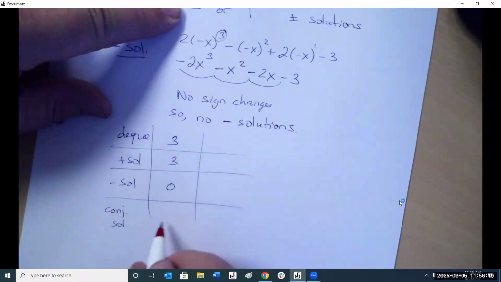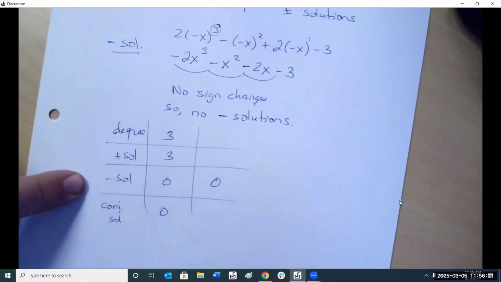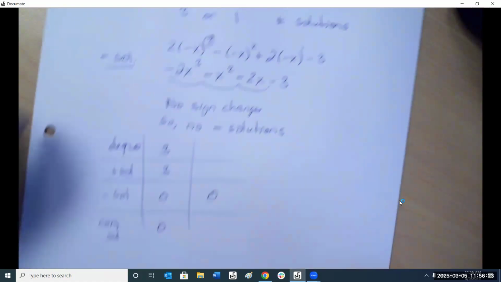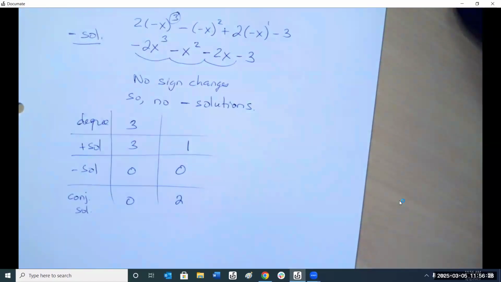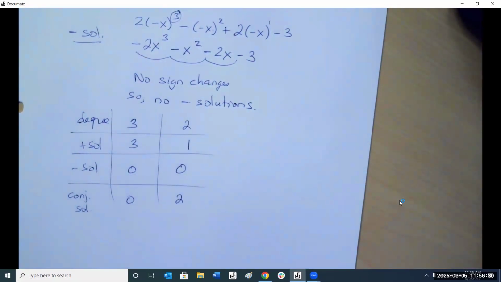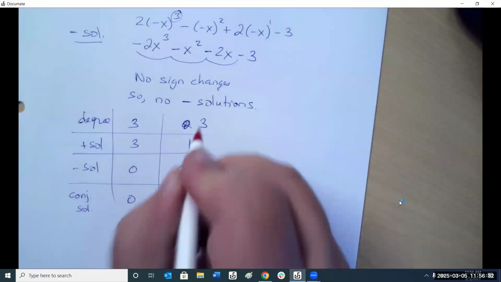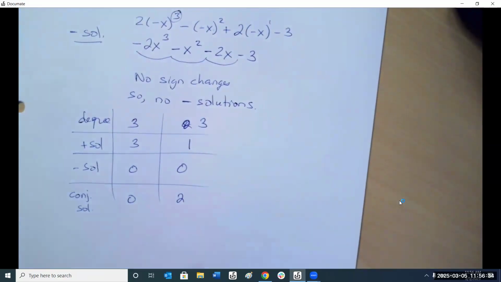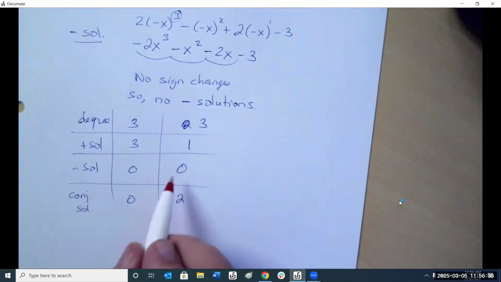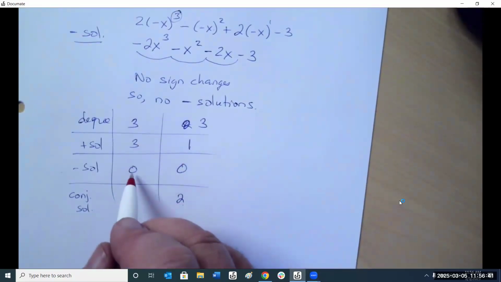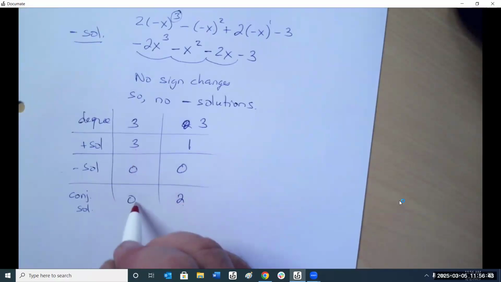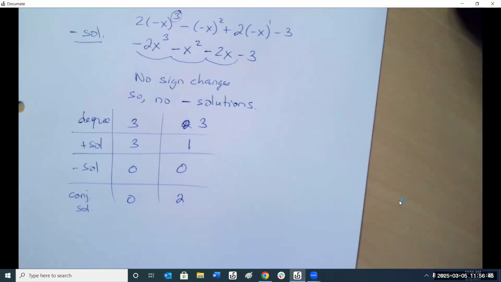That means we have no negatives and no other solutions. Well, we know we have no negatives. If we have 1 positive, that means we have 2 conjugates. Oops, this should be 3. Because we know that we have no negative solutions, if we have 1 positive, then we have 2 conjugates. If we have no conjugates, we have 3 positives. So these are the possibilities. It doesn't tell us anything further than that. It just tells us how many we can have.